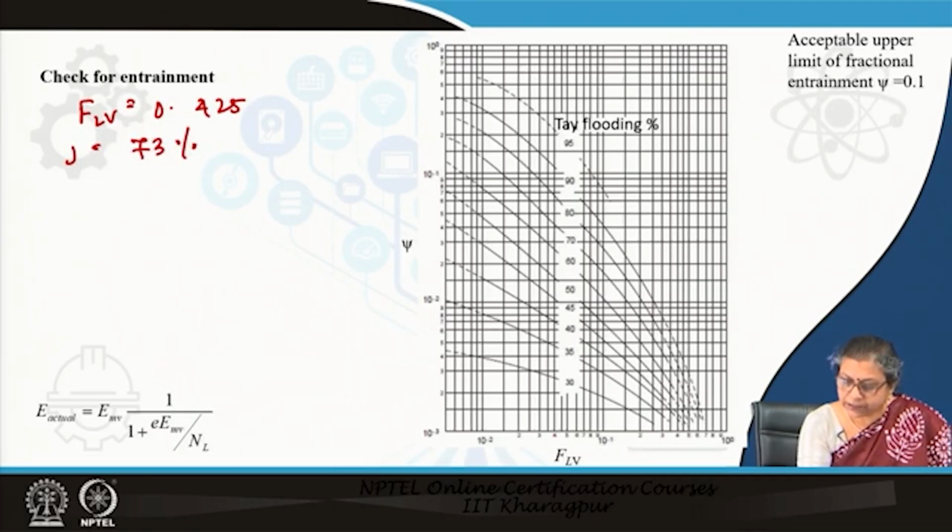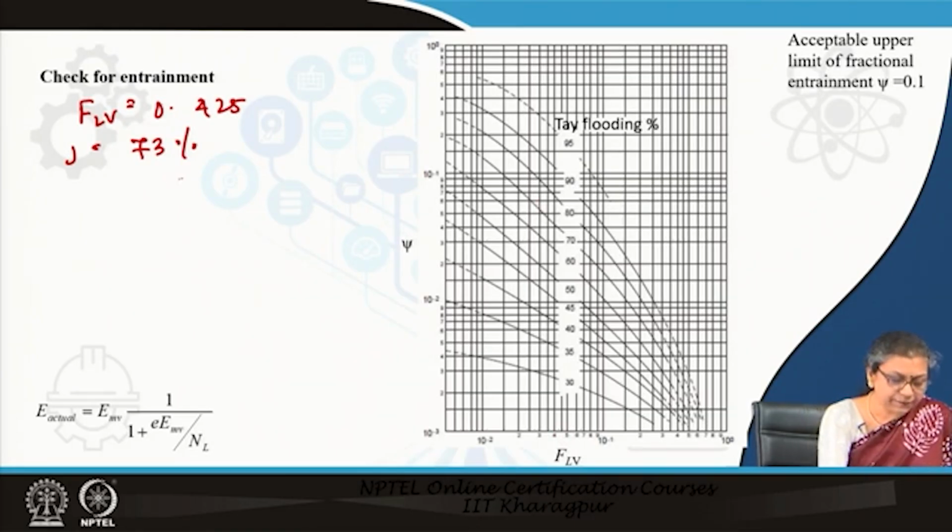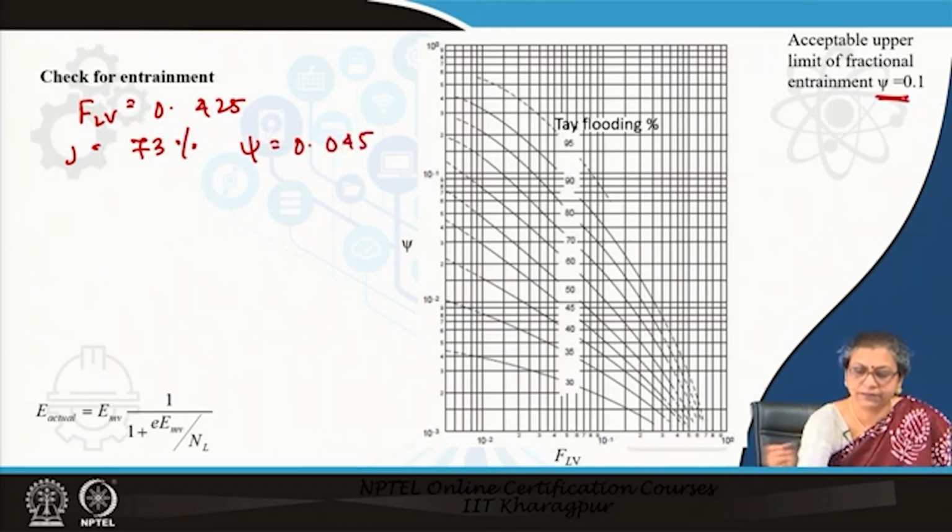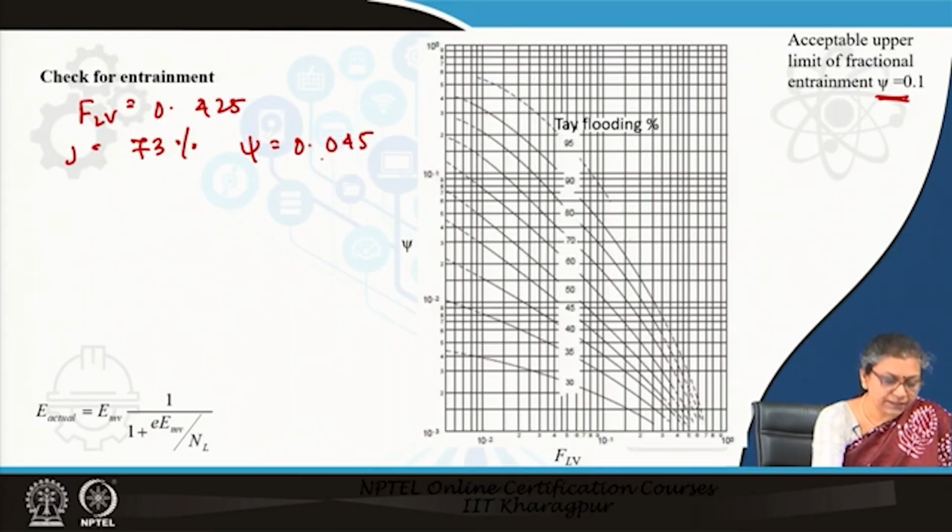So, from here if you take 0.425 and around 73% flooding, you can check it up and you will get psi equal to 0.045. The acceptable limit is given here. So, this is definitely less than 0.1. So, definitely we can proceed with this particular design, this is fine for us.